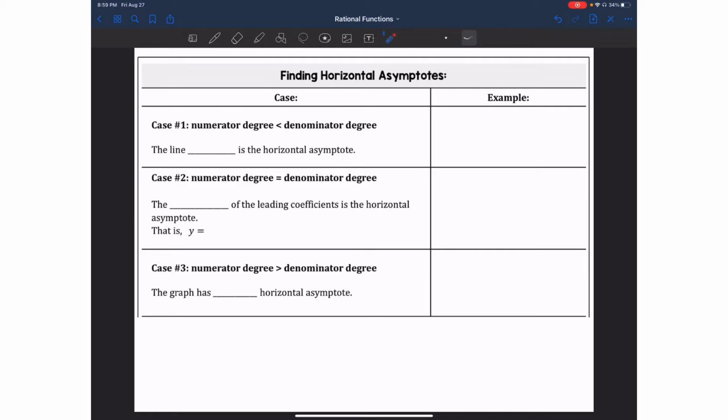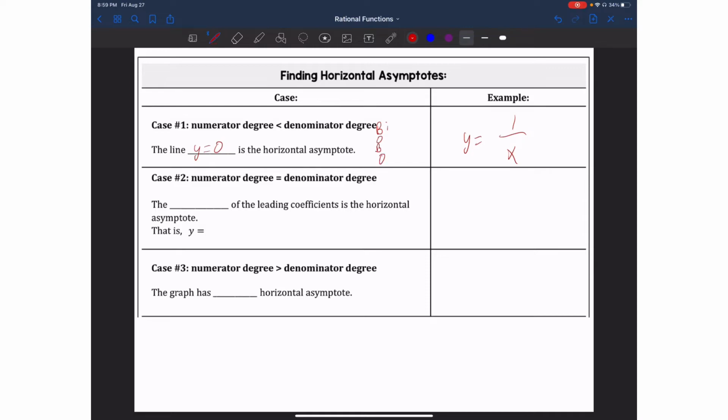So if your numerator degree is less than the denominator degree, your horizontal asymptote will happen at y equals 0. An example of that will be 1 over x. Again, looking at the numerator, your degree is 0. Looking at your denominator, your degree is 1. If you want to memorize the shortcut, I call it the BOBO.